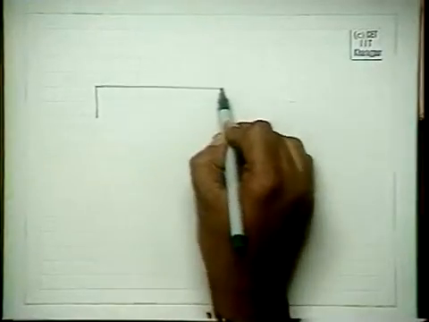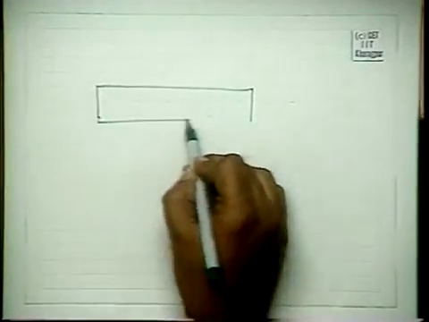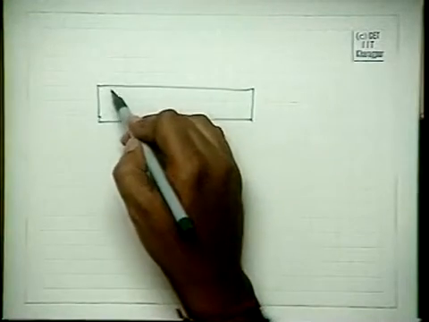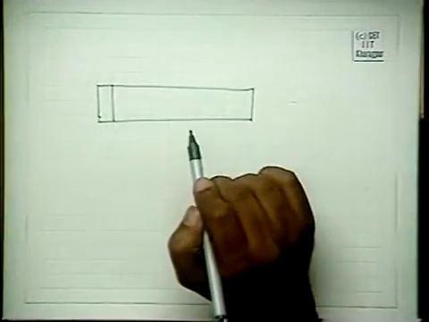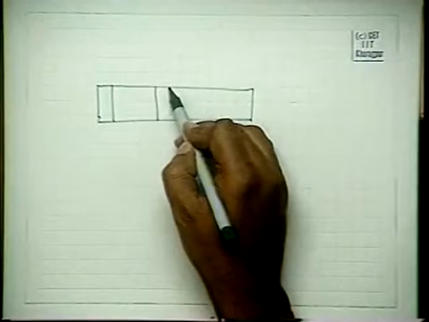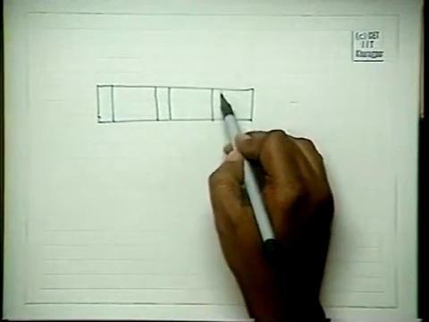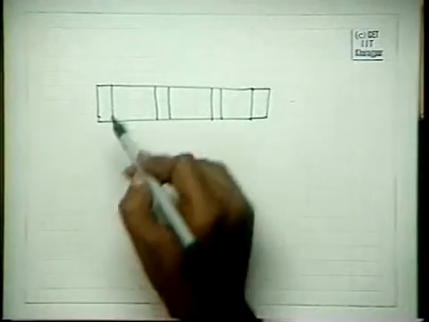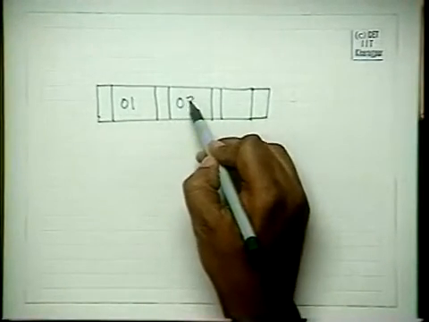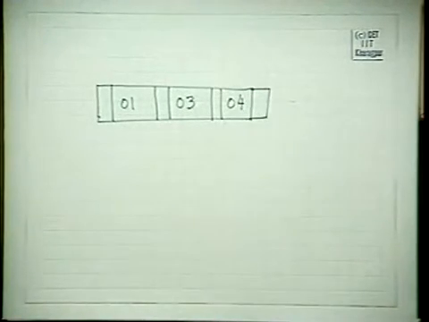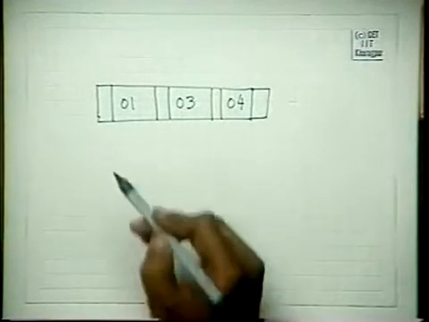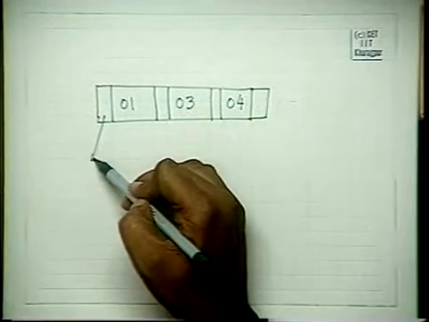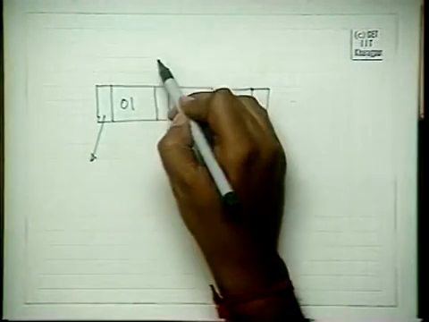So let us go back and see what we have in the leaf node. The leaf node structure of a B plus tree. Let us, for sake of change, take a B plus tree which has many. So this is 0, 1, 0, 3, 0, 4. This is a leaf.